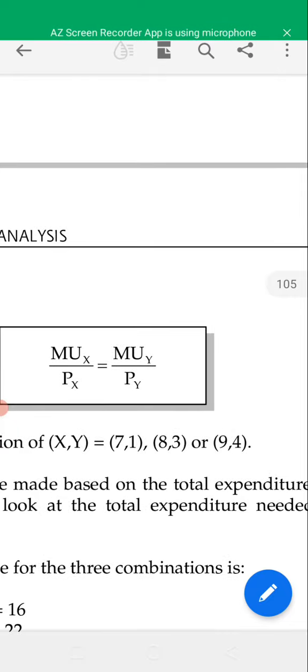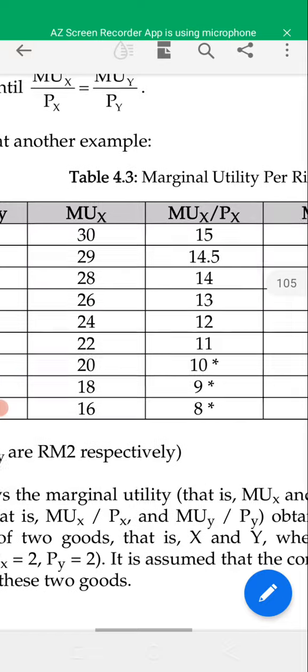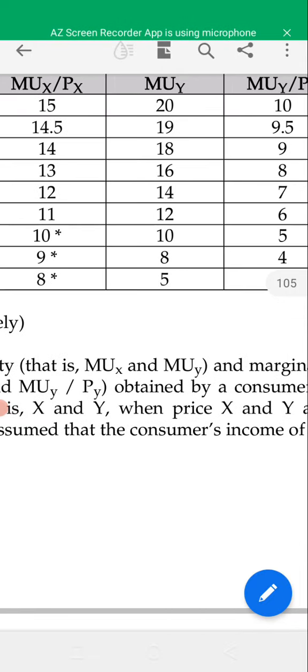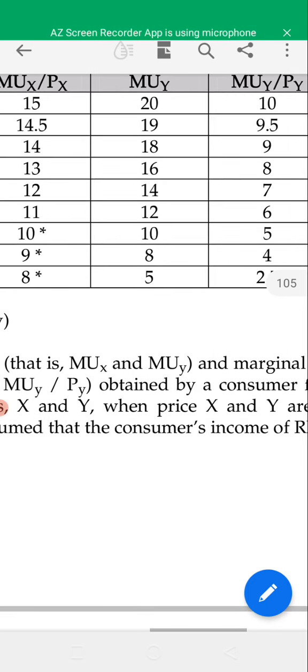You need to find places where these two are equal. They do not necessarily have to be in the same row. The only thing you need are numbers that appear in the MUX over PX and also appear in the MUY over PY. Hope you got that.